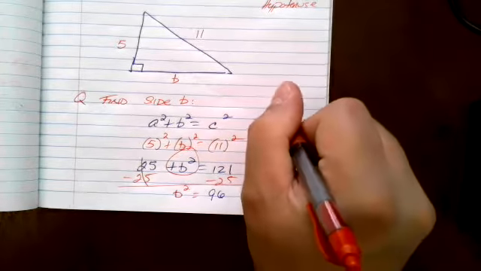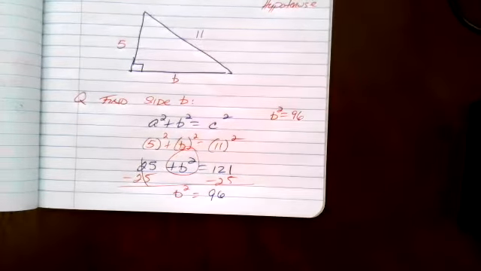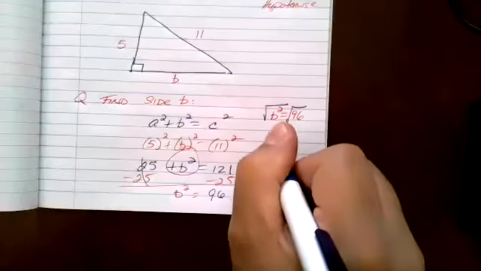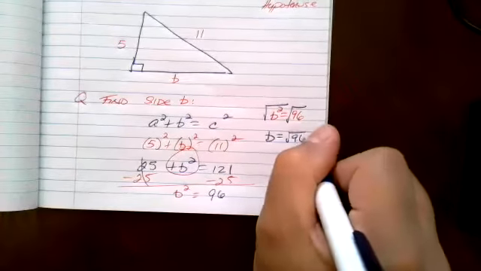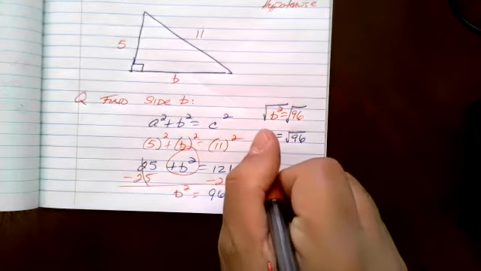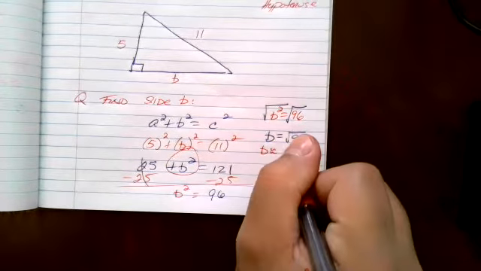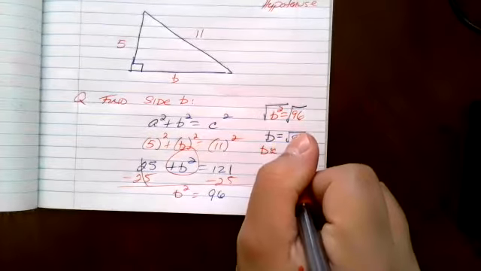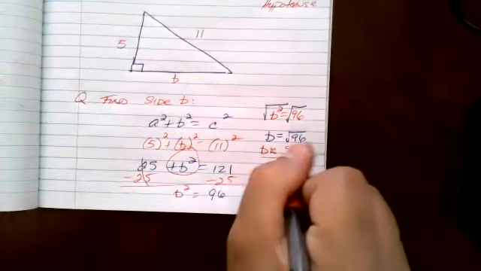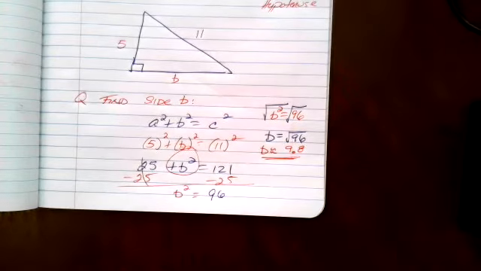So if B squared is equal to 96, and I want to get B by itself, I'm going to have to take the square root of both sides. So B is equal to the square root of 96, which is the exact answer. If we found a decimal approximation, we could say B is approximately, and if we do this on the calculator, the square root of 96 will give me approximately 9.8. So that would be our answer rounded to the nearest tenth.